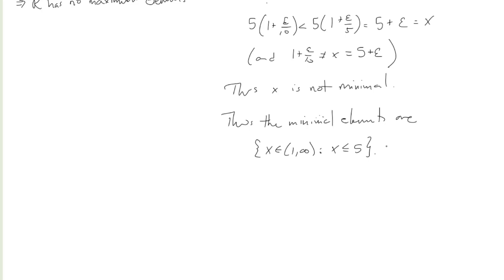All real numbers that are less than or equal to 5 are minimal here. And none of them are minimum, because they are all minimal. There are infinitely many minimal numbers. There's not only one, therefore there's no minimum, and those are all the minimal elements.